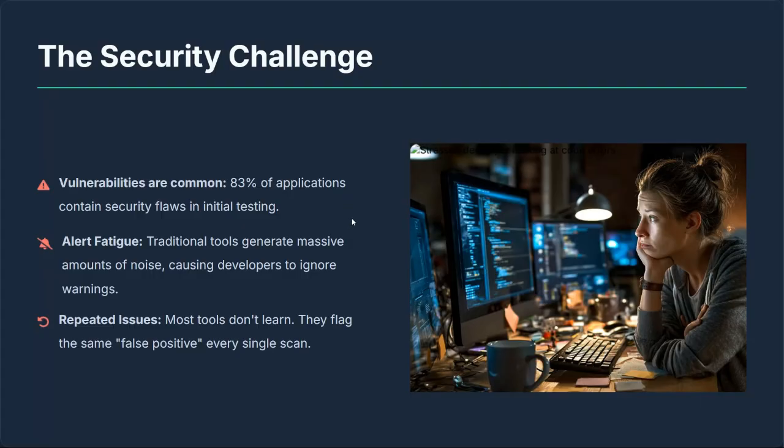And there is real alert fatigue, because traditional security tools generate massive amounts of alerts, which cause developers to ignore or become immune to these warnings. The repeated rising of false positives is one more kicker for developers, because most of the tools don't even learn from their feedback and suppress alerts that are real patterns for developers or the team.